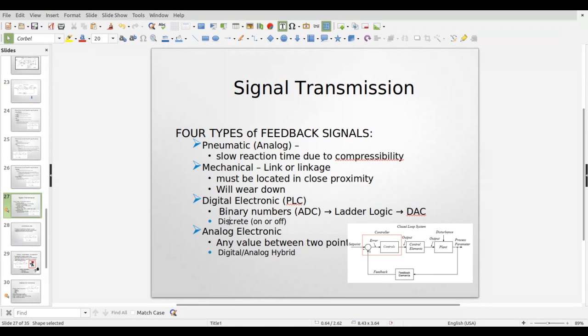Now, on the other hand, we could use discrete on or off, which is what you did back in the PLC1 class, if you remember that, where you used a couple of different sensors to mimic the level of water in a tank. It was what we call bang bang control.